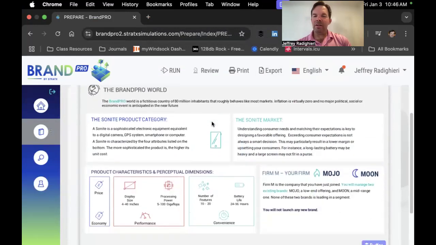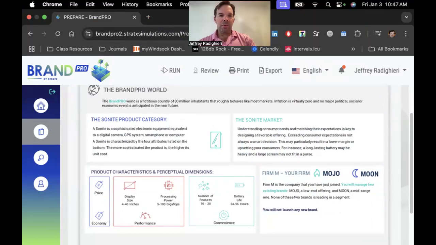So just a couple things on these screens. I'm not going to read them verbatim, but just know that within your company, you're going to be managing two brands. One is called Mojo and one is called Moon. The product category is what we call Sonites. It's a fictitious product. Think of it as some sort of handheld electronic device, okay?